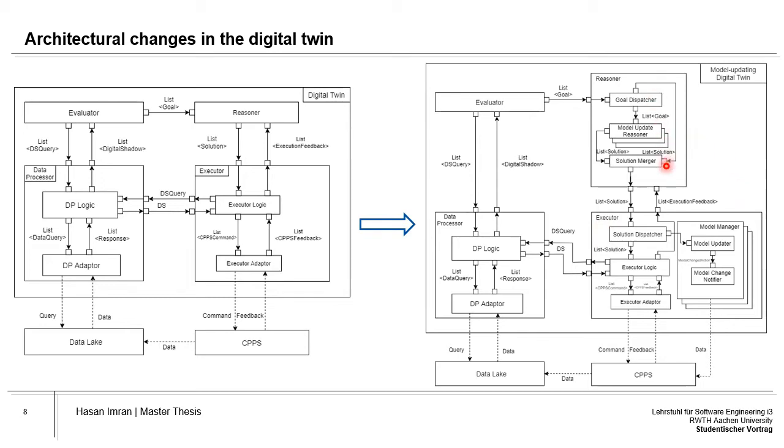The dispatcher would filter these goals depending on the type, and it would then pass them to the corresponding component in the reasoner, and then you would create a solution. This would be discussed in detail in the next slides.